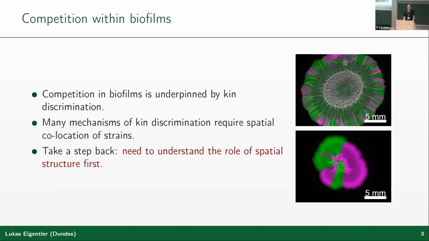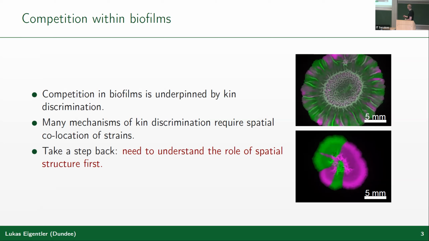Many of those mechanisms, not all of them, but many, depend on two different strains, two different cells, being in contact with each other. In the attempt to explore competition dynamics, this prompted us to take a step back and first focus on the spatial structure in biofilms.